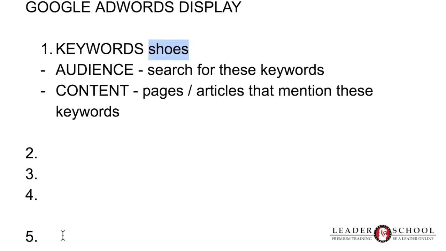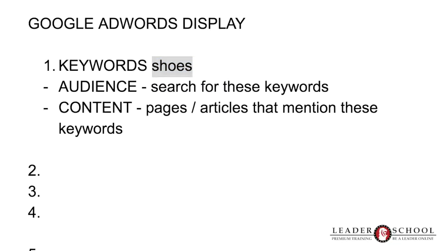So if I have a doctor as a client, I target the right keyword, and then I'm sure that people who are interested in that keyword and want to learn more about it will see my banner.